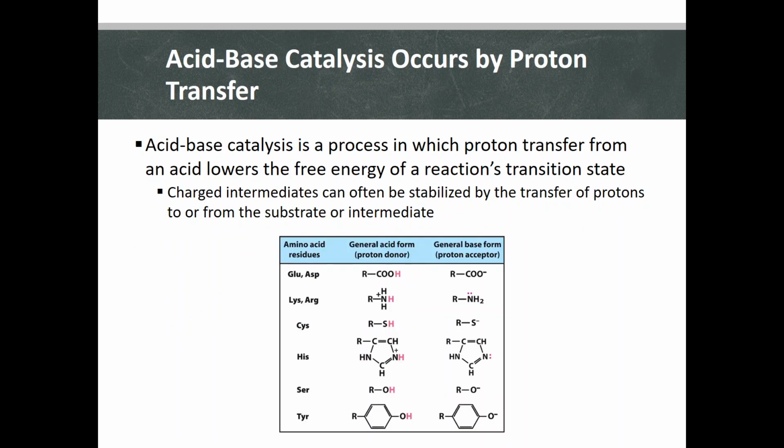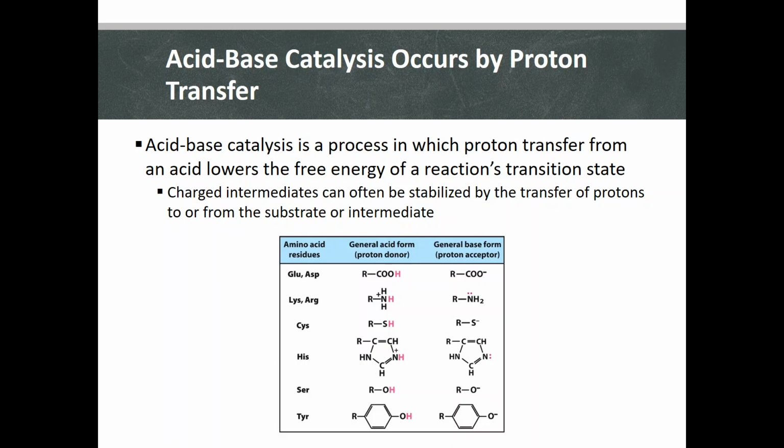The first type of chemistry that we will look at here is that of acid-base catalysis. Before I go any further, let me remind you, in order for any of these mechanisms to be viewed as catalytically relevant, we are looking at something that ultimately leads to stabilization of the transition state, which is going to minimize the activation energy.